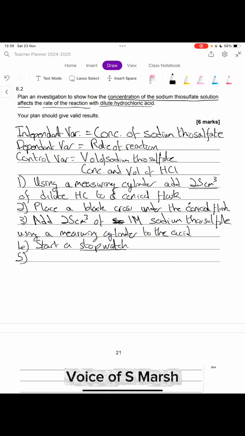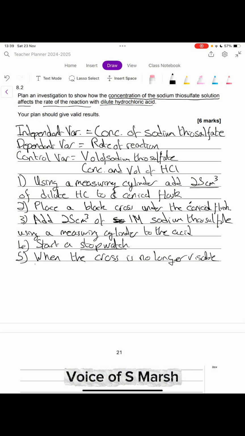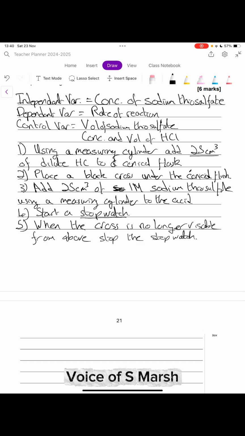Step 5, when the cross is no longer visible, I'm going to say particularly from above, stop the stopwatch. So now we have calculated the amount of time it's taken for the reaction to occur.